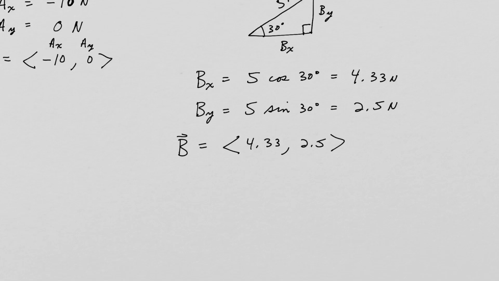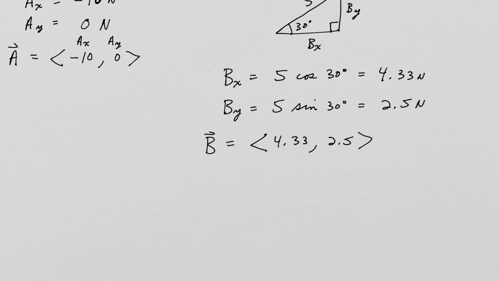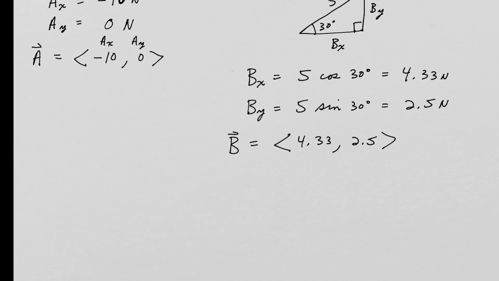Okay, so now to add vectors together, we simply add their components together. There's a couple ways you could do this. Some people like to make a table, right? Let me do that first.